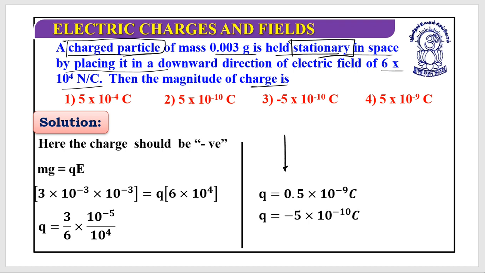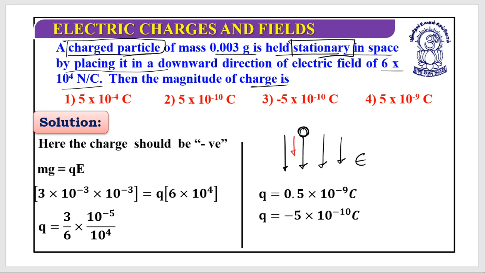So they are sure that the electric field is in downward direction. If the electric field is downward, and this charge needs to be in equilibrium, then consider which forces could be acting.